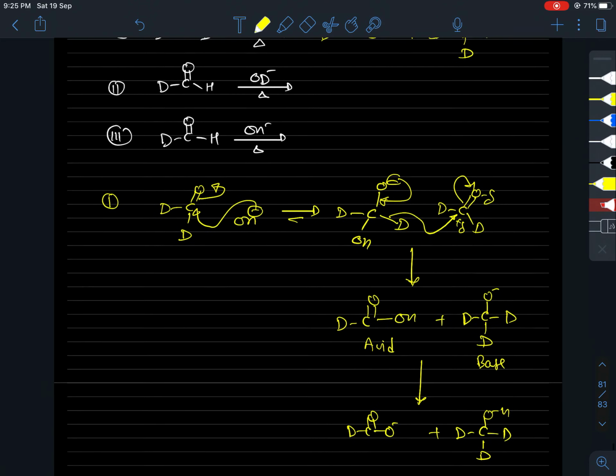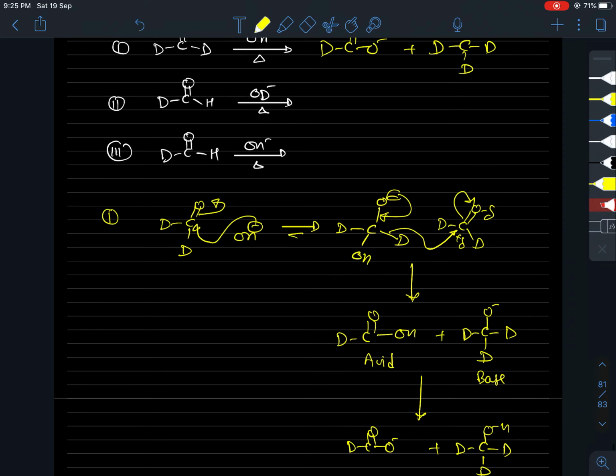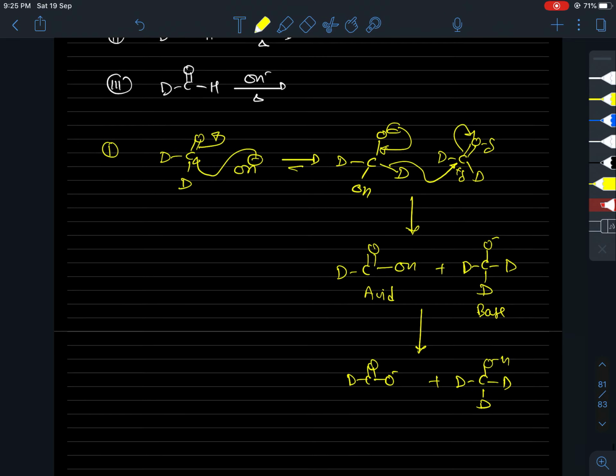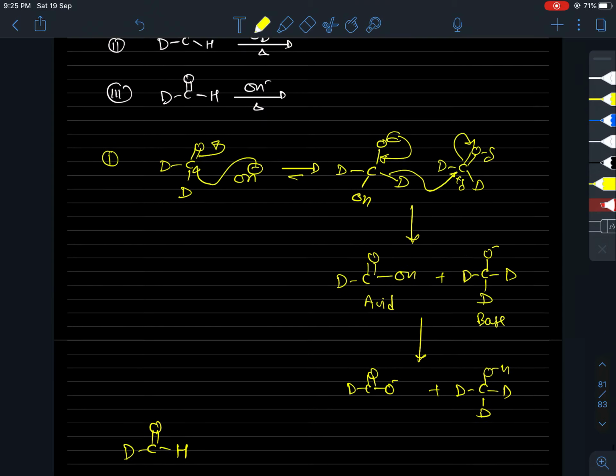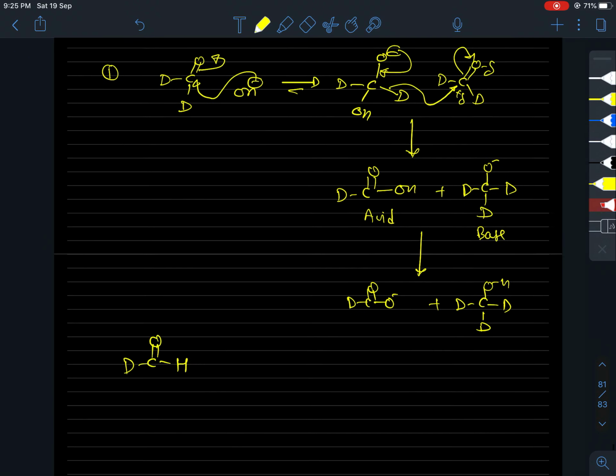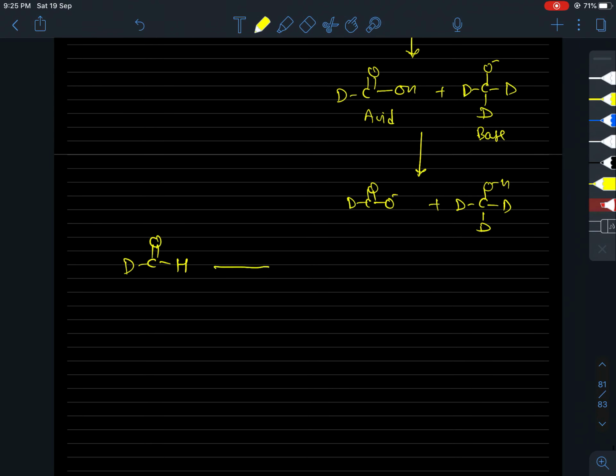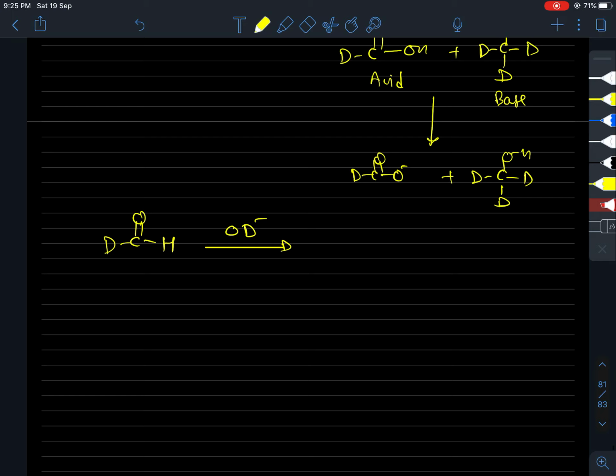Now similarly, what will happen with the next one when we have hydrogen, because that case is really interesting. So if I have hydrogen, one of the hydrogens in place of D, and if I am using OD minus rather than OH minus, then what will happen? Again, how are we going to do this?